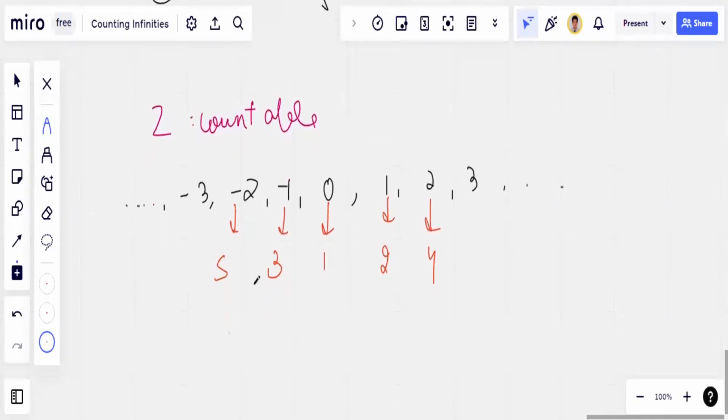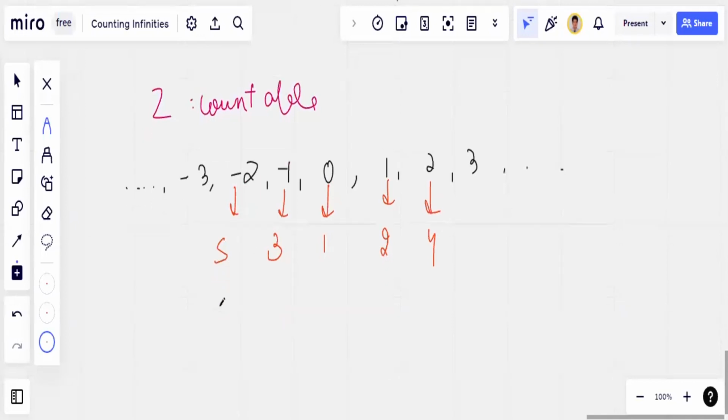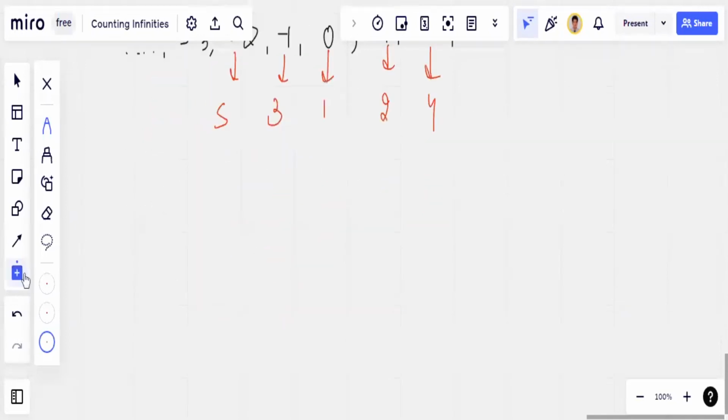Next, I asked if Q is countable, and half the people said it's countable, half said it's uncountable. So would anyone like to tell how they thought about whether it's countable or uncountable? Don't worry if it's right or wrong, it doesn't matter. Just present whatever you think.